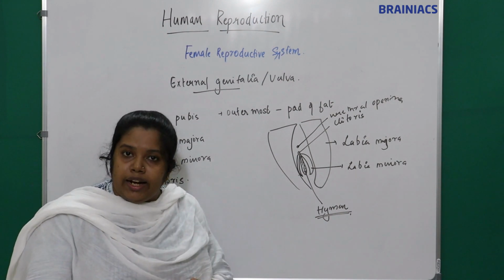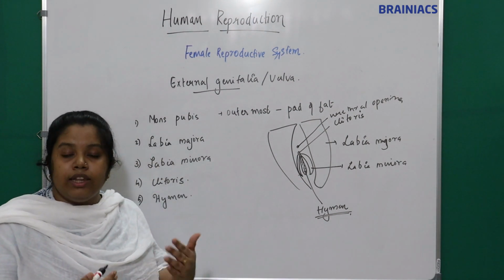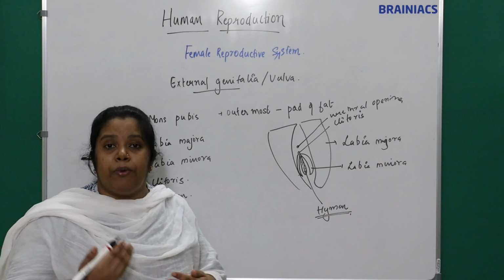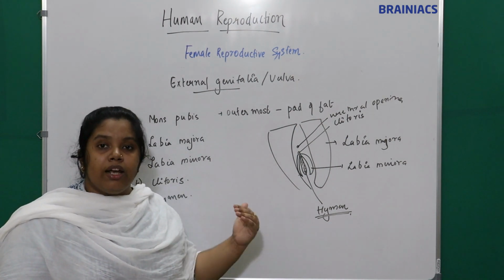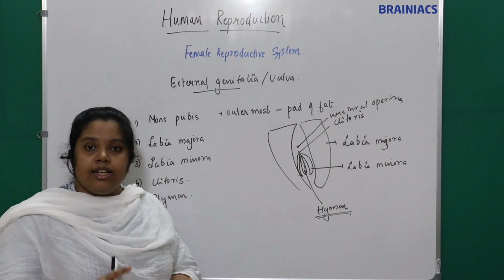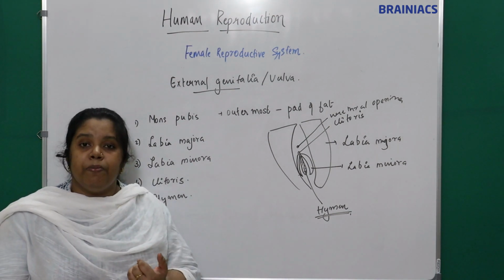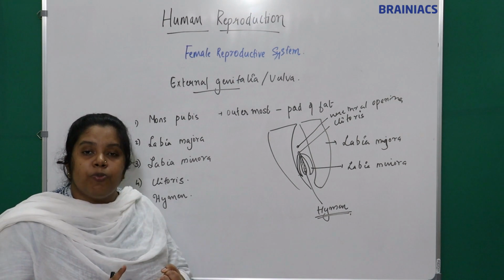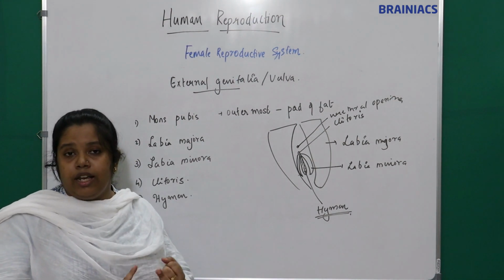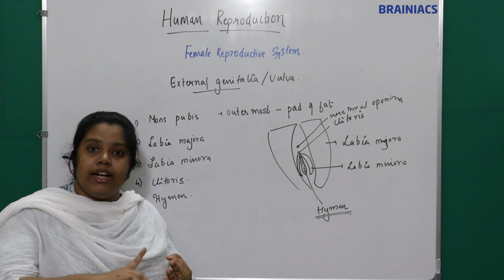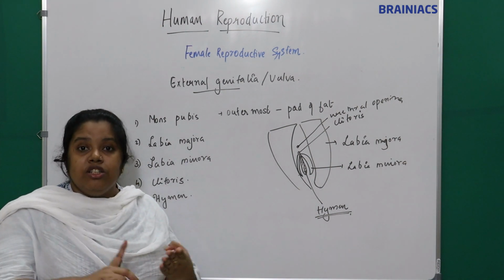Then the question will arise, whether the hymen can be broken in any other way? The answer is yes. The hymen can be broken by vigorous sports activities like horse riding, cycling, or a sudden fall or sudden jolt.